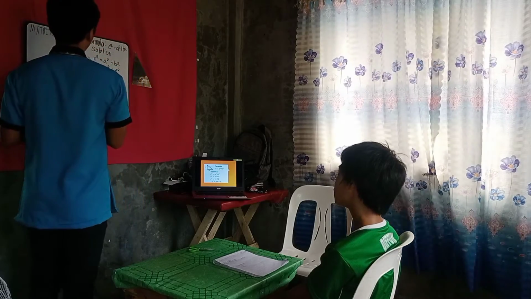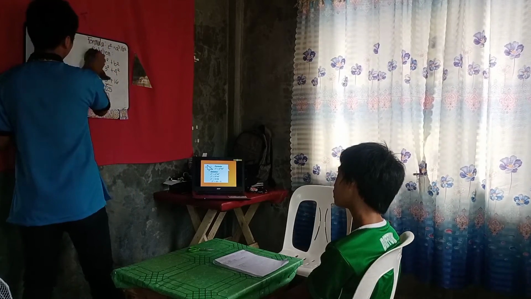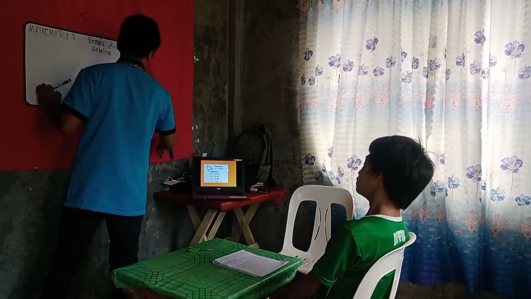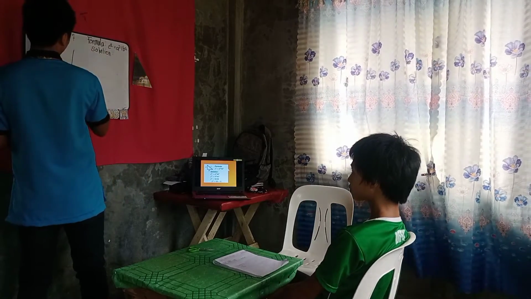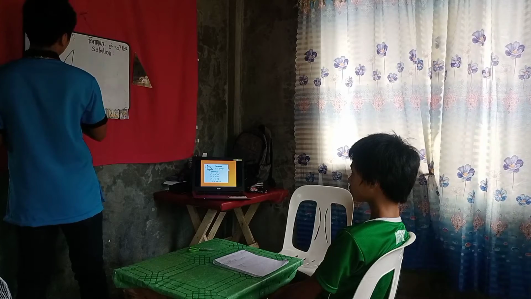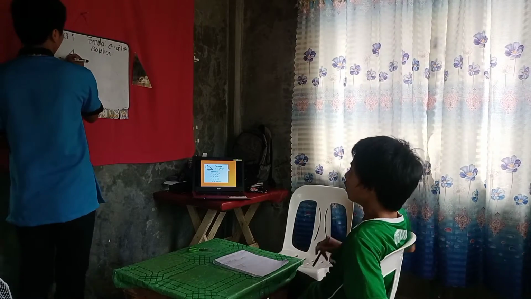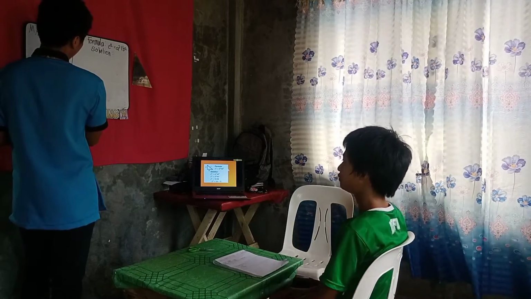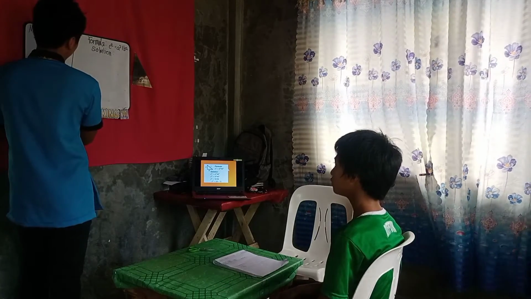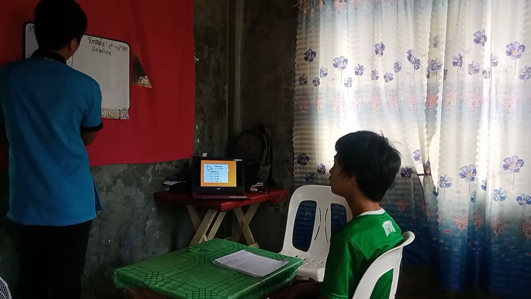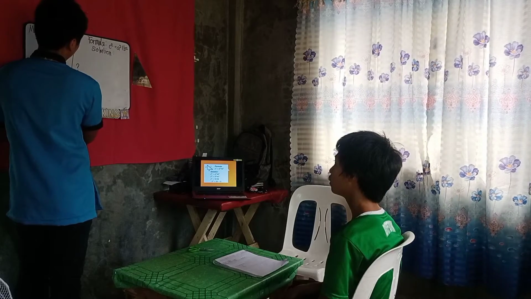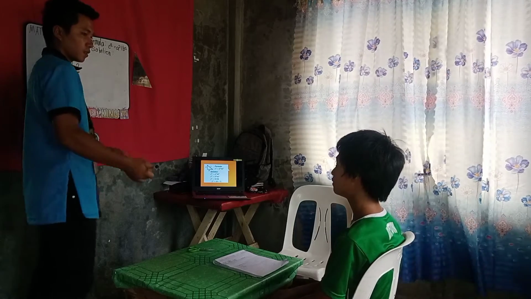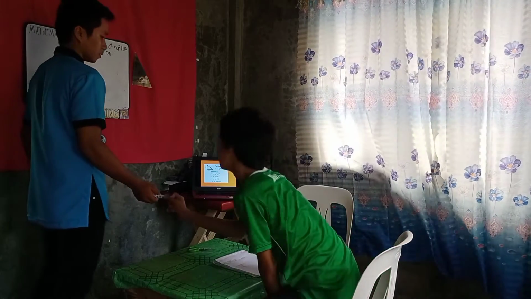Okay, let us have another example. When we have a right triangle, our hypotenuse is 4, and another leg is 1. What is our other leg? Can you do it on the board?